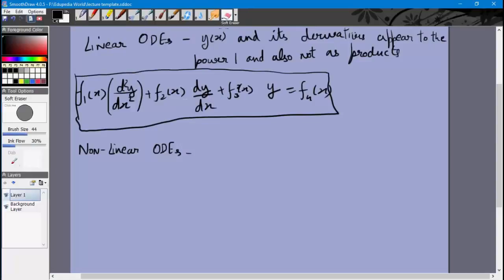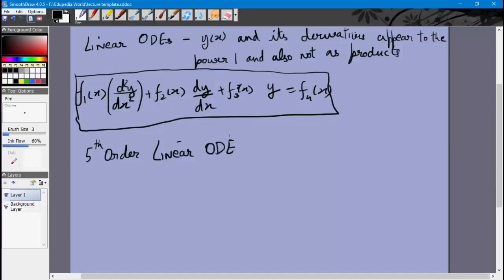Nonlinear ODEs are just ODEs which are not linear. So basically, all the derivatives will occur to the power 1, and none of them will occur as products of each other. So let's just say, for the sake of discussing, a fifth order ODE. Fifth order means the highest derivative would be the fifth derivative, and we want it to be linear.